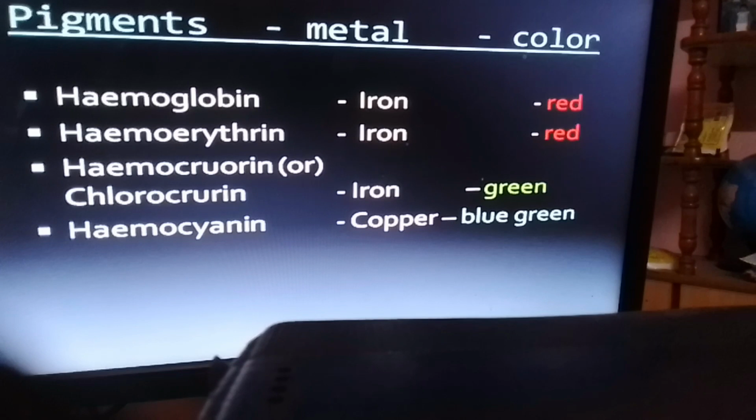Because of the presence of iron and the polypeptide chains combining with it to form the whole hemoglobin molecule, it gives red color to the blood. And hemoerythrin also has iron as its metallic component and looks red. Anyway, there would be a difference in the amino acid composition of the protein part.